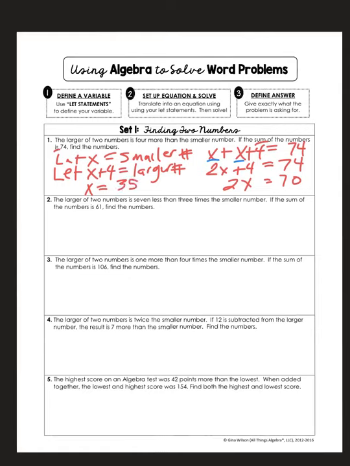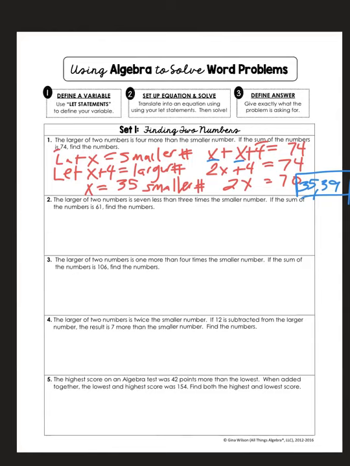And so if we're defining the answer, x equals 35, this is the smaller number. And then the larger number is 39. So I'm going to write the solutions down here in the corner. I don't like that. Let's use a different color. 35, 39. Okay.